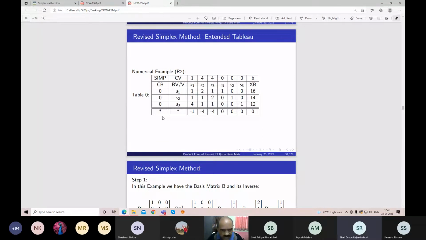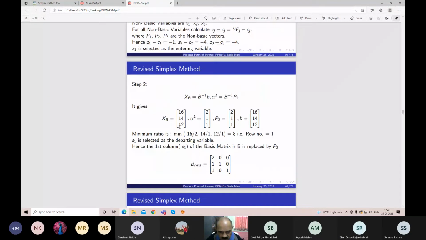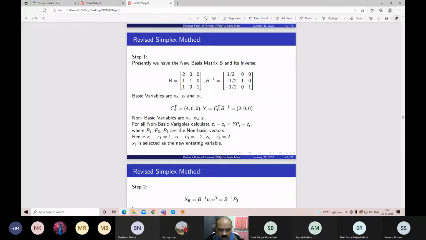If you are writing code, I request everybody to write it in Python or C++, whatever it may be. Python is very efficient. This is your assignment. If all the steps are clear, use the numerical example I have solved as a test example, write the code, and upload it to the Google Drive.